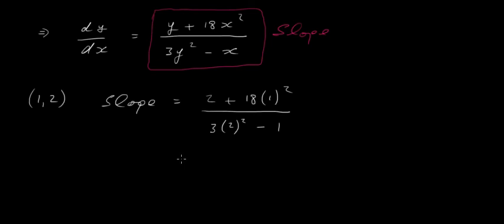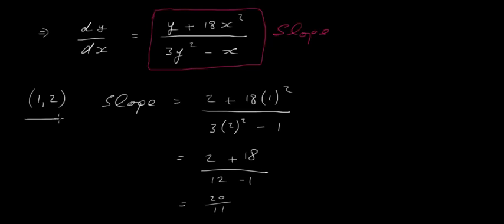Okay, so let's see what we end up with. We end up with 2 plus 18, which gives us 20. And here we have 2 squared, which is 4, and 3 fours are 12, and we have to subtract 1. So that will give us 20 divided by 11. So there's our slope.